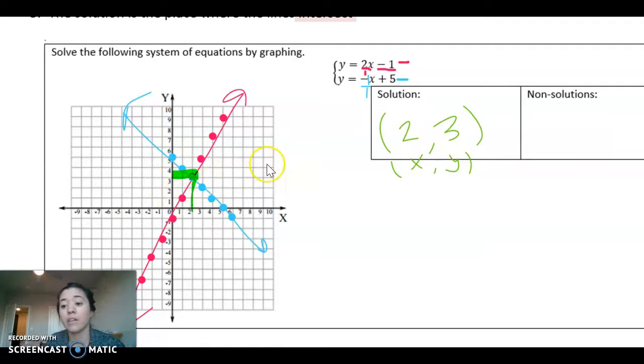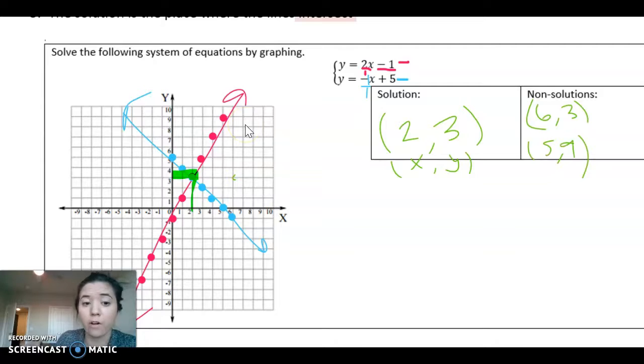Some examples of a not solution would be like 6, 3. That's not where they intersect. 5, 9 would not be a solution. Even though it falls on this pink line and it's a solution to this pink line, again, the solution to a system is the point that makes both of them true.